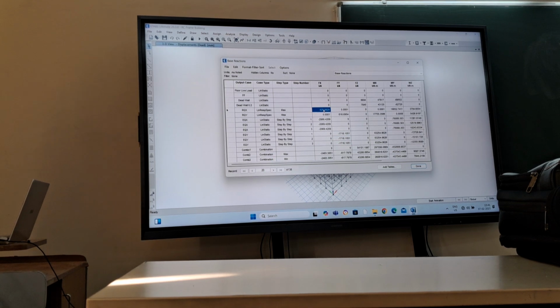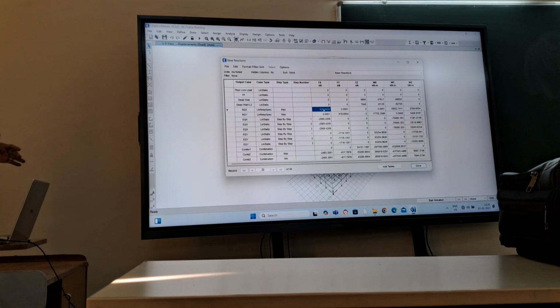So this is what you do in the base shear correction. Now how much this scale factor is, we have to decide from here. You just divide this higher value by the lower one and get the factor that will be used as the scale factor.